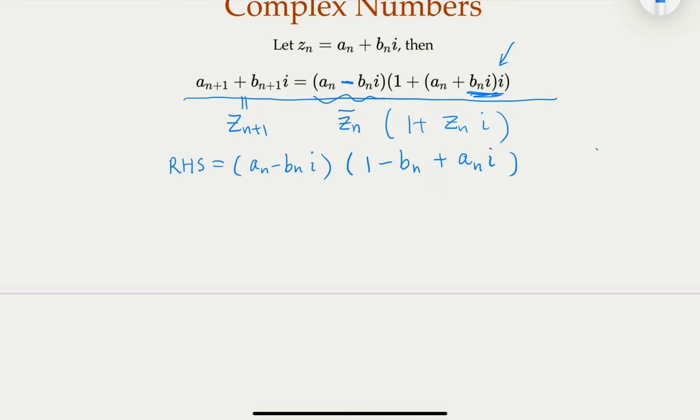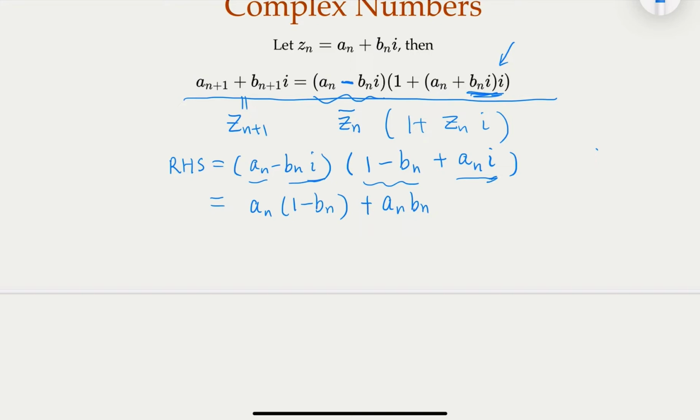Now you have two complex numbers multiplying each other. This is the imaginary part, this is the real part, so you do the cross product to find the resulting complex number. Let's do the real part: an times (1 minus bn), and then the other part is minus i times i, which is -1 with the negative sign in front, becoming positive. So it's plus an bn. That's the real part.